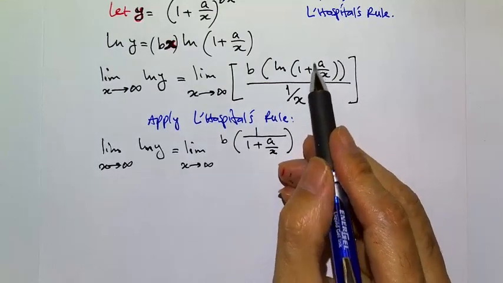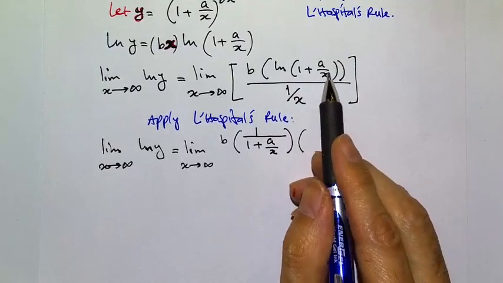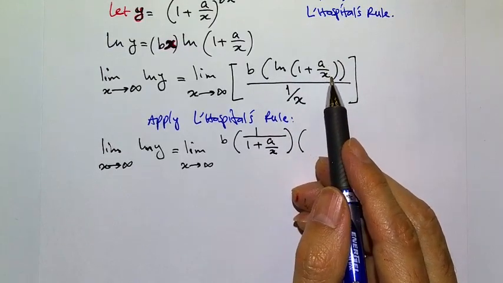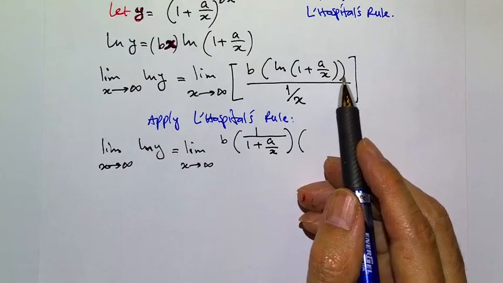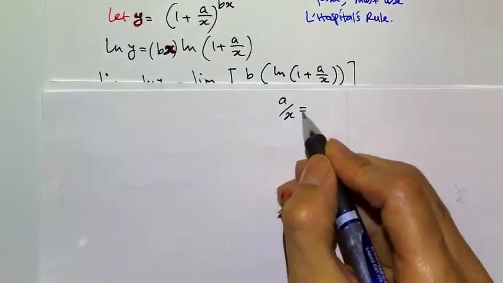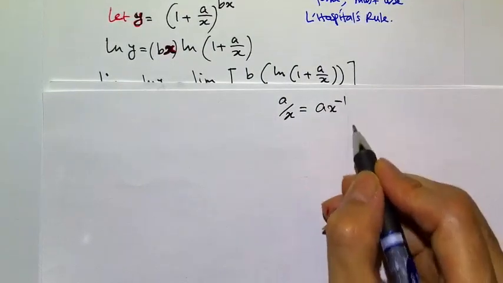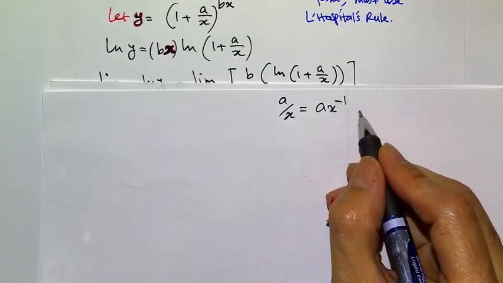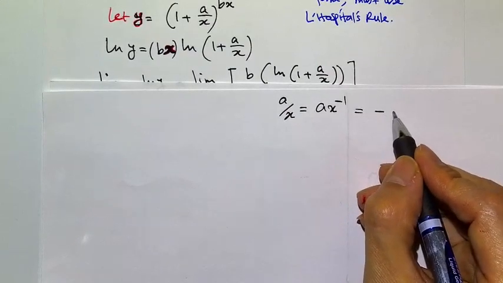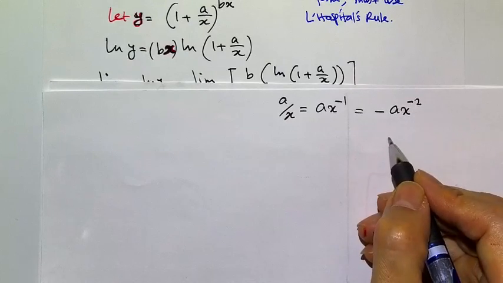times, of course, by the chain rule, the derivative of this, which would be a times, so a over x, I'm just using a scratch paper here, a over x can be written as a times x to the minus 1 power, and then taking the derivative of that would give us minus a times x to the minus 2 power, right?